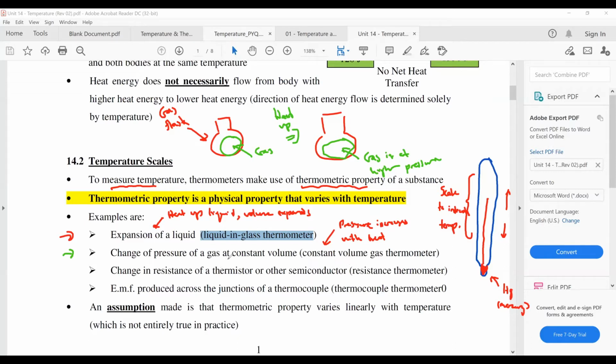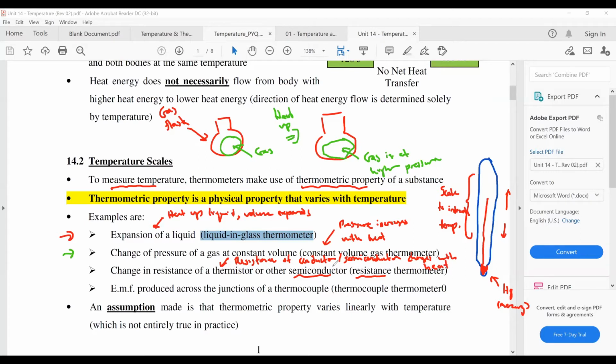You also know that if you're talking about certain substances, like say metal or semiconductor, the resistance of a conductor or semiconductor changes with heat, isn't it?